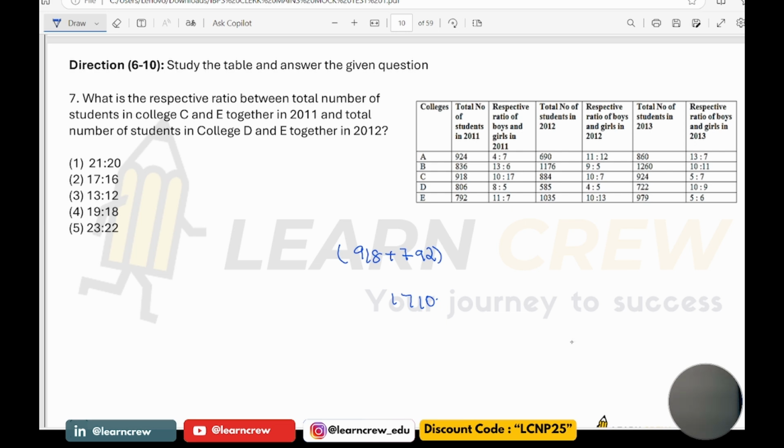Total number of students in D and E together in 2012 is 1620. What is the ratio of these two? Cancel the zeros. 19 nines are, 9 eighteens are, so the ratio is 19 is to 18.